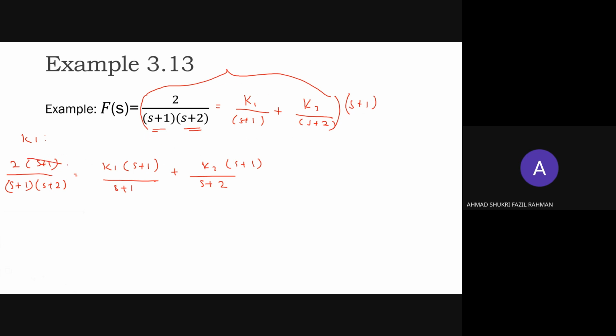So this one we can eliminate between here, and this one we can eliminate. So in the end, it will become 2 over S plus 2 equal to K1 plus K2 times (S plus 1) over (S plus 2).